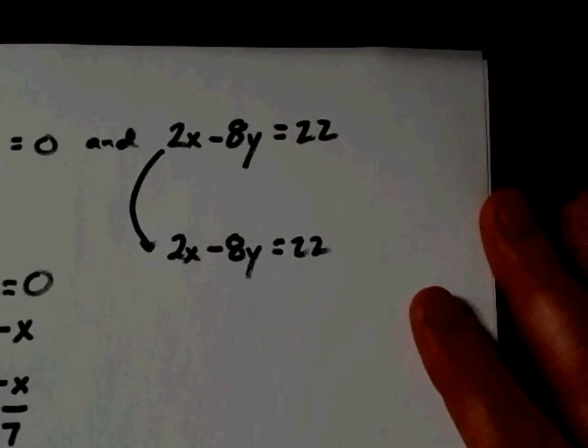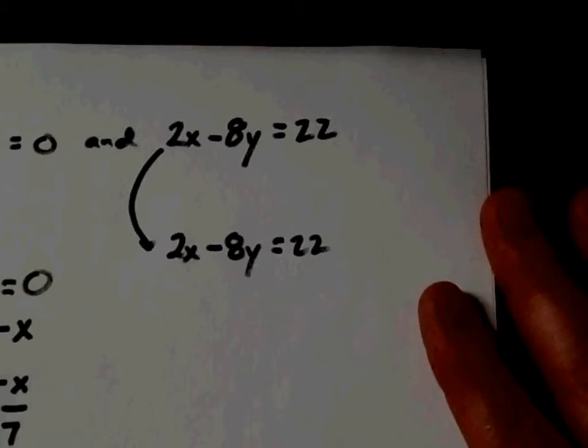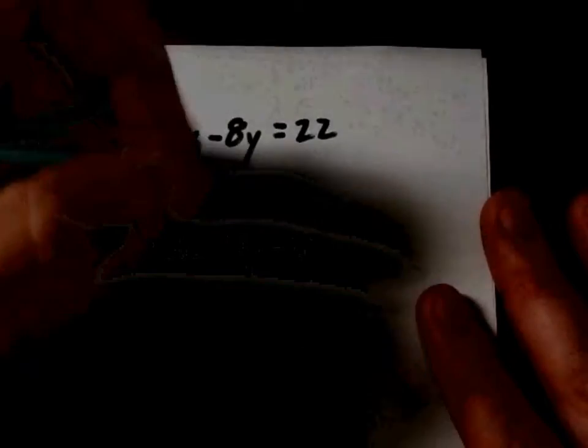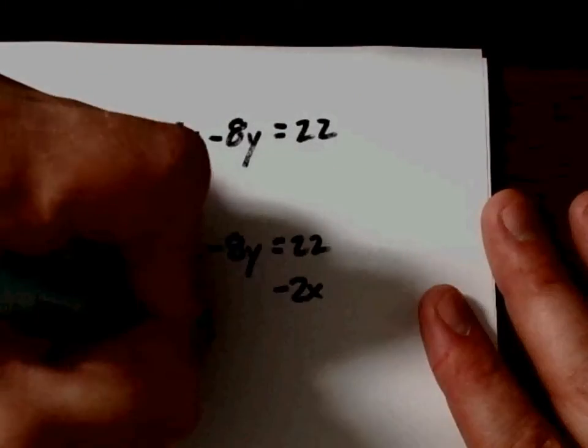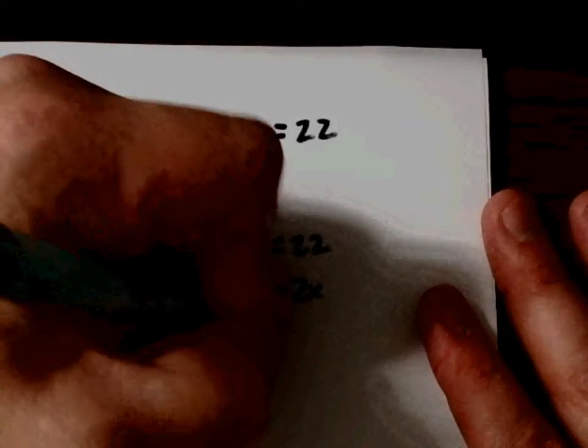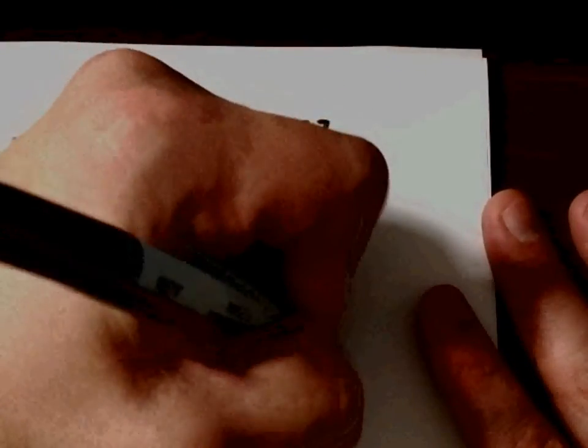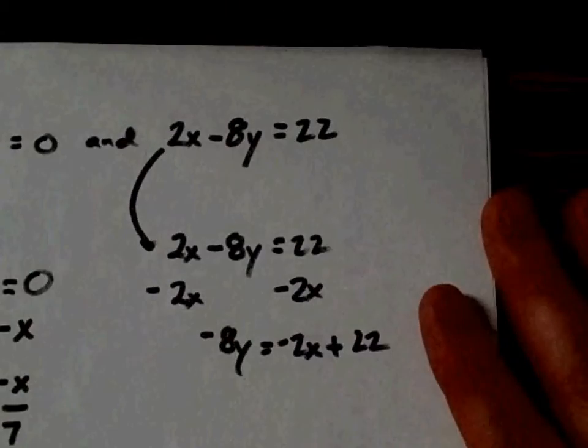All right? So we're going to solve for y. What do I do? Order of operations from bottom to top. Beautiful. All right.